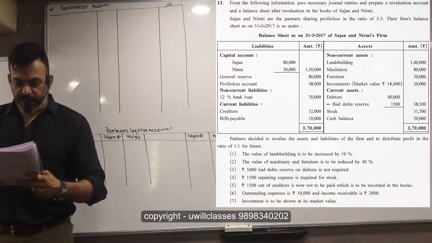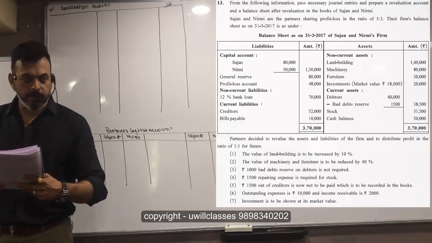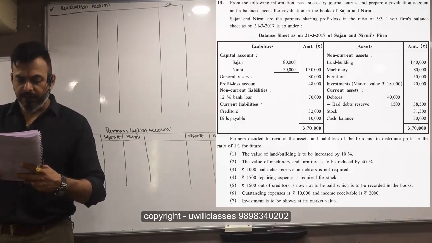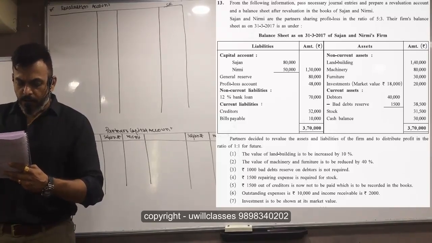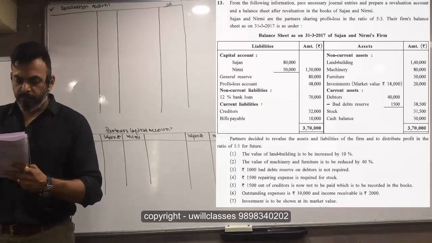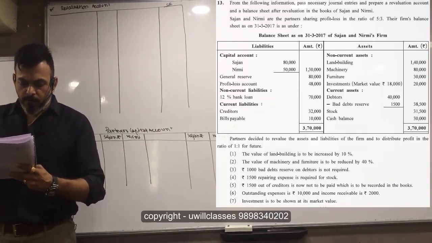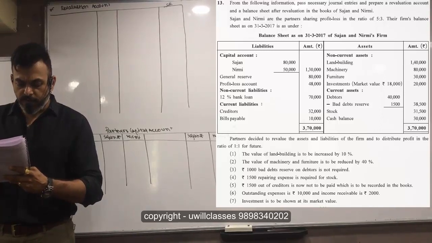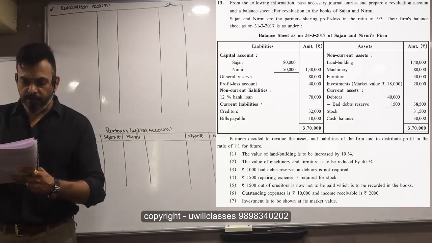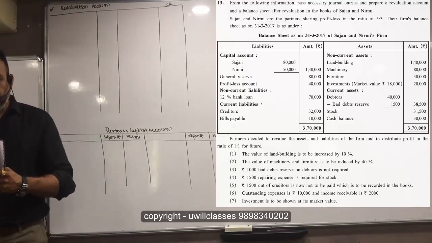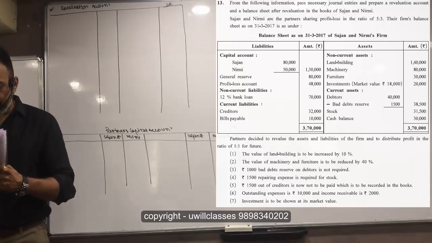Their firm's balance sheet as on 31/3/2017 is as under. Now capital Sarjan, Nirmi, general reserve. Now general reserve is to be distributed between partners in the old profit sharing ratio. So tick it, and in the bracket you write 5:3.